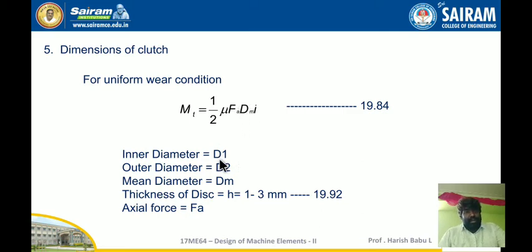From that I can find the inner diameter d1, the outer diameter d2, the mean diameter dm, and the thickness of the disc can be assumed between 1 to 3 mm, as given in equation 19.92. I am going to assume 2 normally. The axial force Fa also has to be calculated. These are the steps followed to design a clutch.